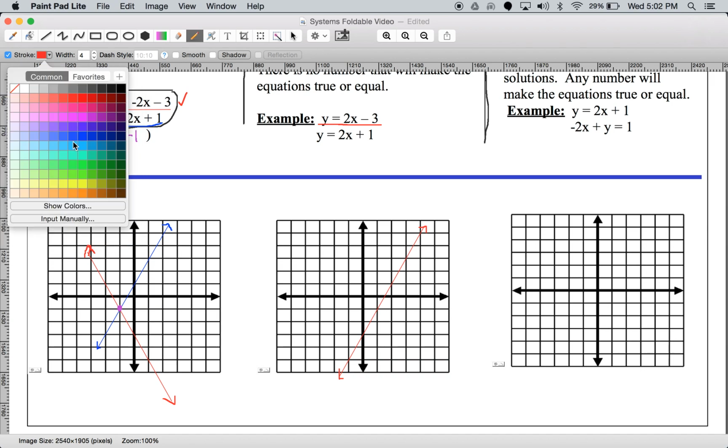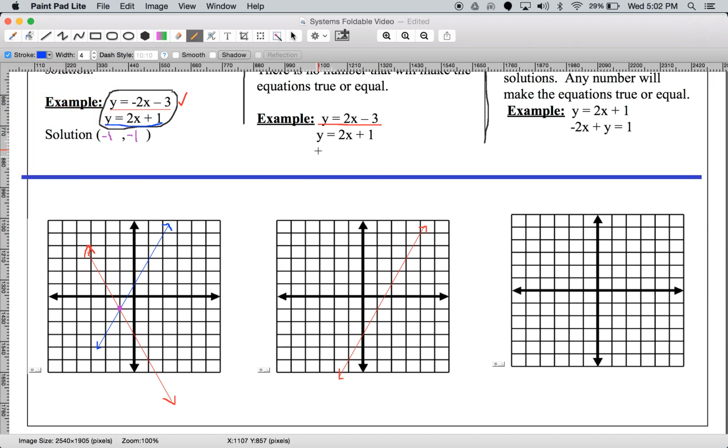And then we're going to do our blue line, y equals 2x plus 1. And let's see, so we're starting on the y-intercept, which is +1. And we're going to rise 2, run 1. Rise 2, run 1.